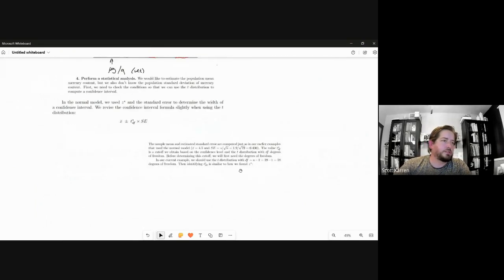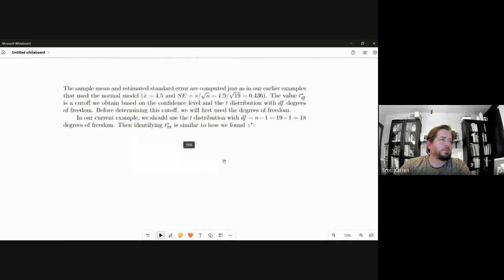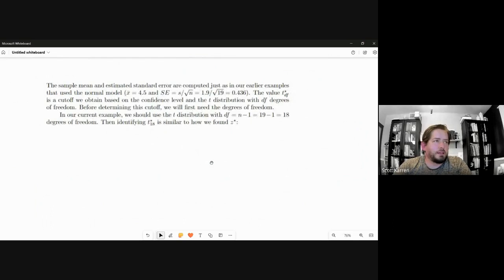So the sample mean and estimated standard error were computed in our early examples. We have those already. They were given to us. Your mean was 4.5. Your standard error is this formula here, that S that was above.